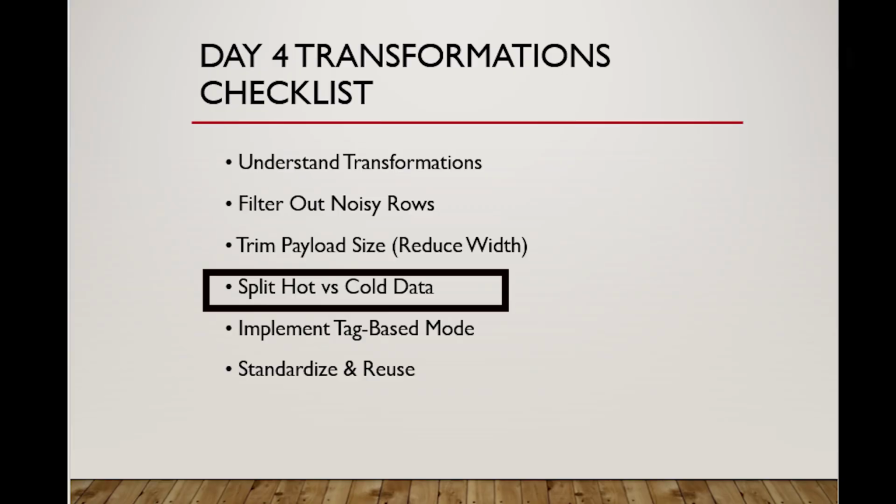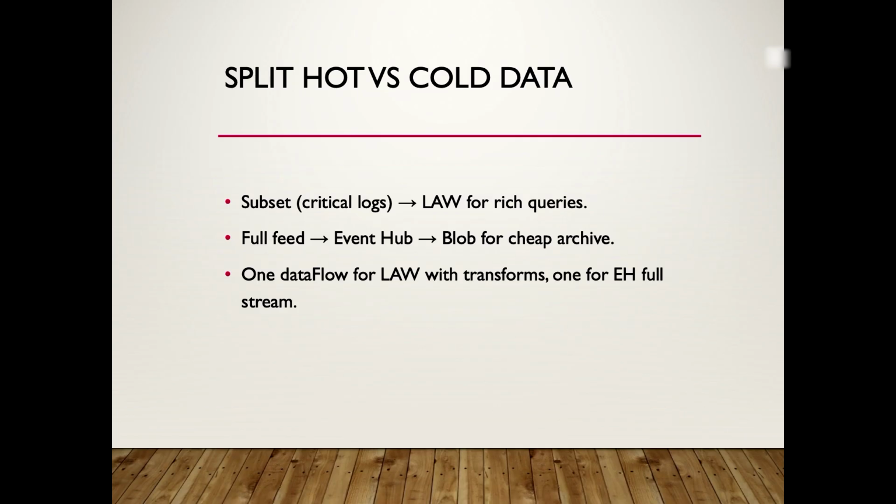And now you may say, well, what if I want to keep everything? What if I want to just keep absolutely everything? Well, that's when the next topic comes into the picture. That's when we can talk about splitting the hot and the cold data. In other words, you're going to take a subset and send it to the log analytics workspace by using transformations.